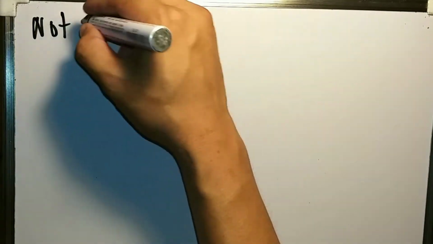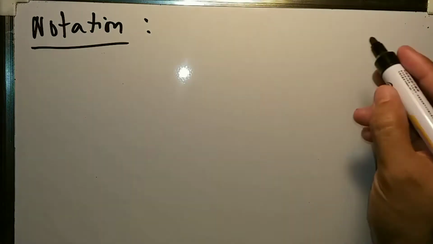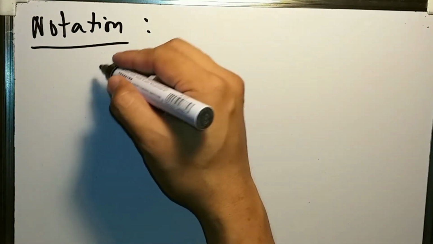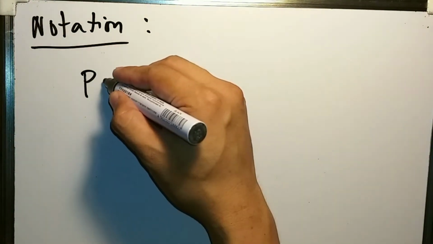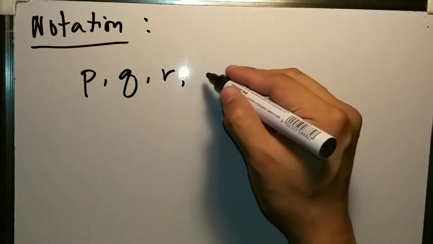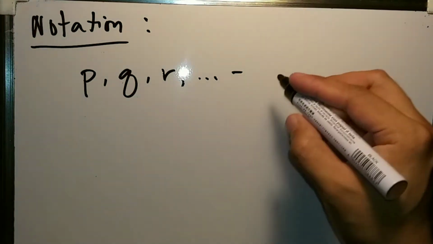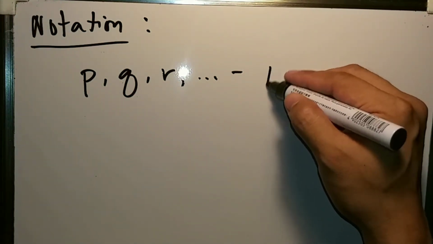So, for the notation in propositions, we will use any small letter like P, Q, R, and so on. So we denote this notation for a proposition.